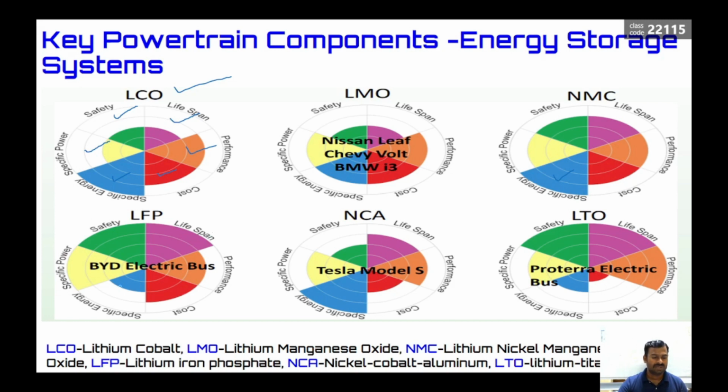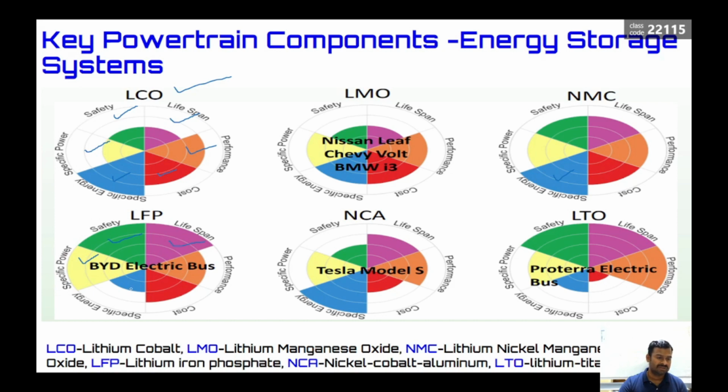And when you look at BYD electrical buses, they use LFP, lithium iron phosphate. Here we can see the specific power, safety, and lifespan are the key advantage parameters.